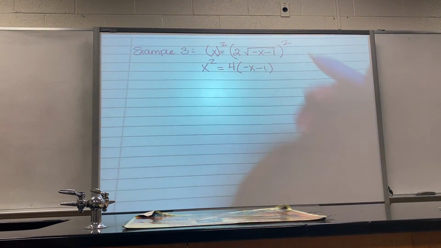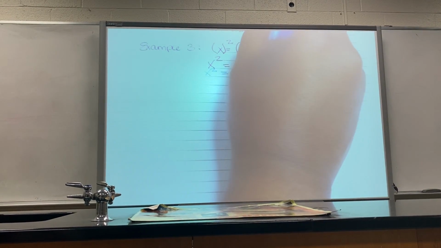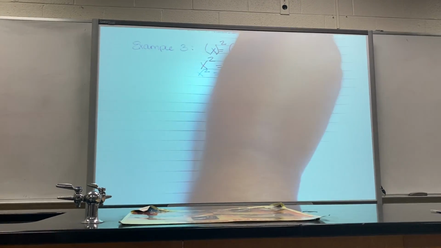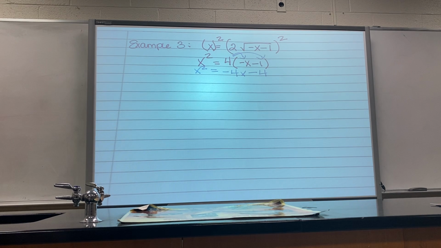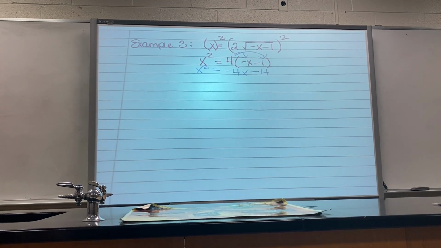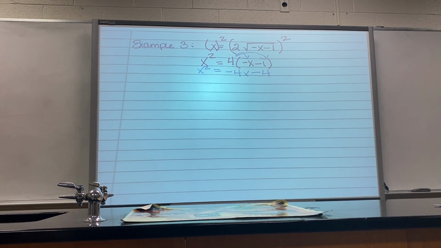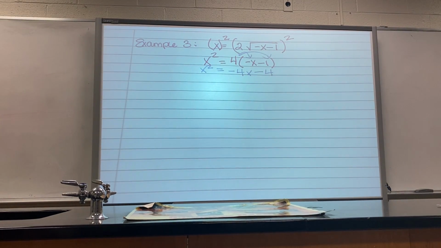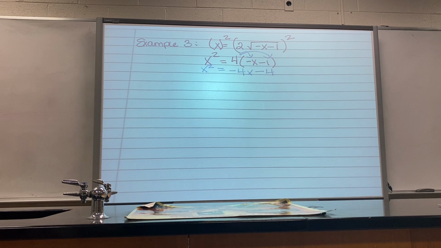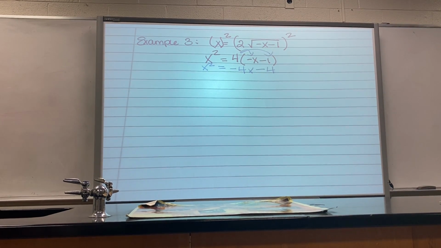So now I'm going to multiply that 4. So I get x squared is equal to negative 4x minus 4. And that's just simply from distributing the 4. Now to solve, I still need one side of this equation to equal 0. It wouldn't matter the left or the right, but I need that x squared to be positive.